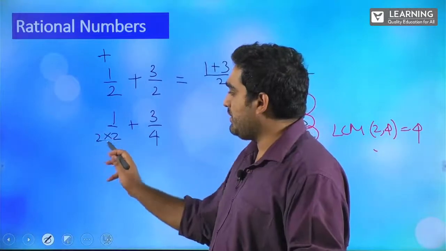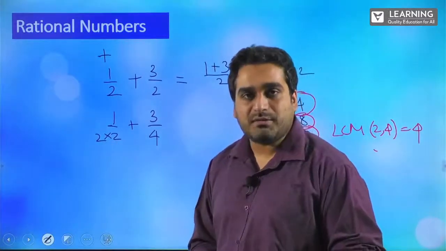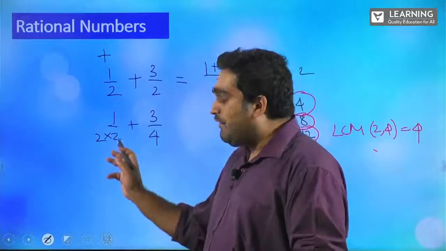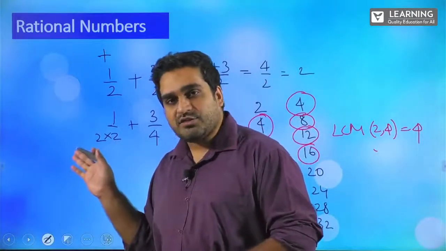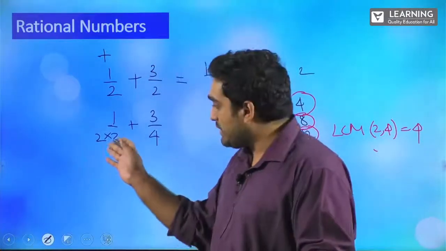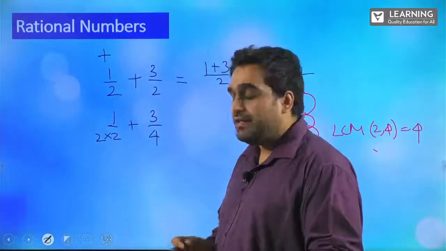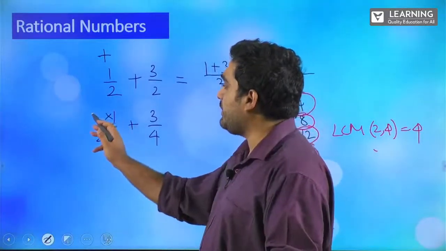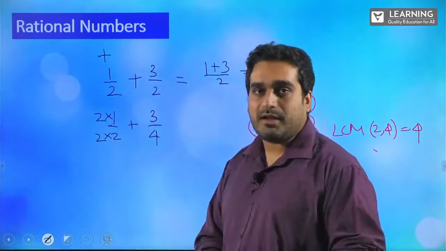Very simple technique. All you have to do is multiply it by 2. Now, if you're conducting any operation on the denominator, such as multiplication in this case, then you also need to multiply the numerator by the same number.